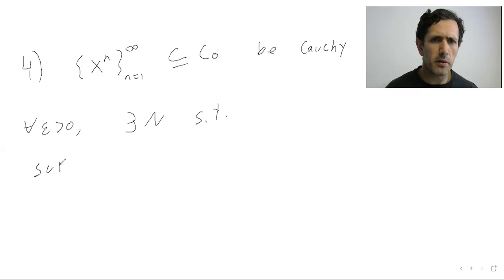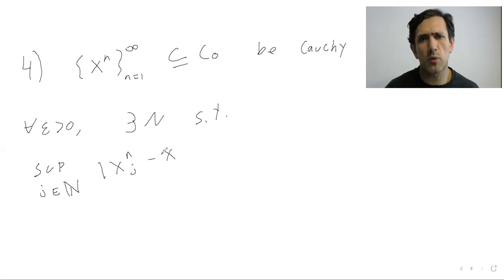this supremum here. I'll use superscript as before to denote each individual element in C0. Each x^n is itself a sequence, so subscript is for that sequence element.